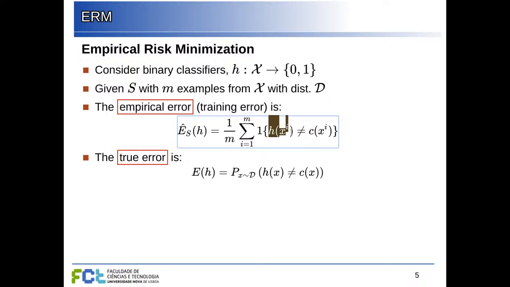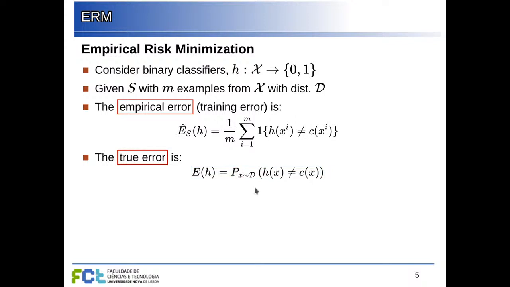That is, our hypothesis is saying that the point belongs to a class that is different from the actual class the point belongs to. And this sum divided by the number of points tells us the fraction of errors we are making. The true error would be the probability of making a mistake, predicting a class different from the real one, for any point that is drawn with this distribution from our universe.